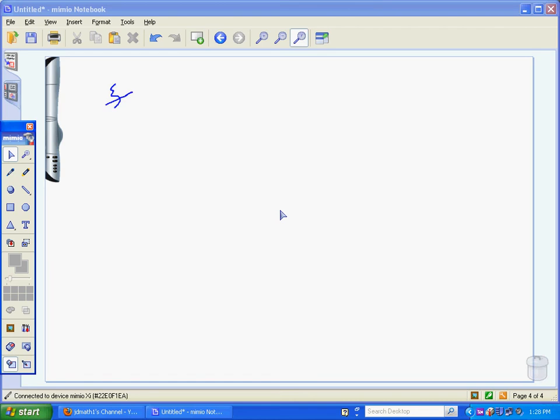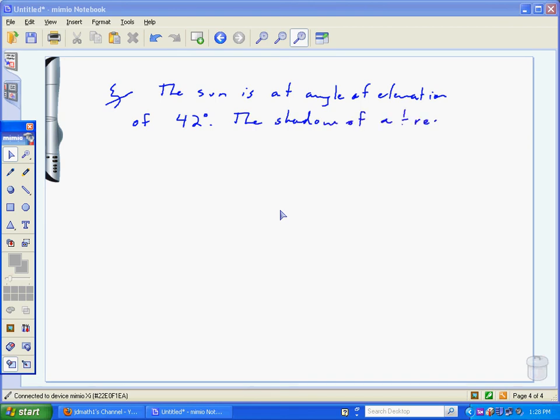The sun is at an angle of elevation of 42 degrees. The shadow of a tree is 14 meters long. How tall is the tree?